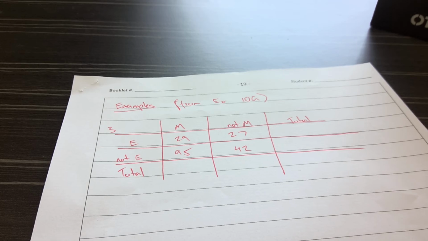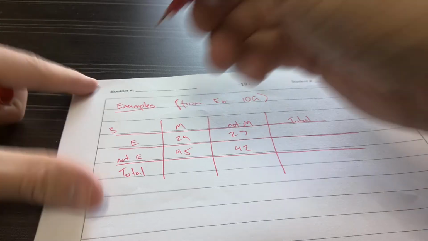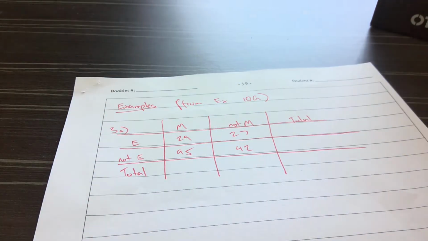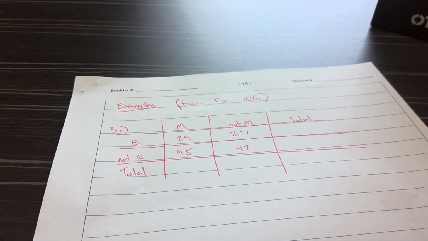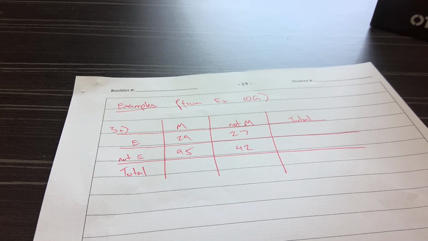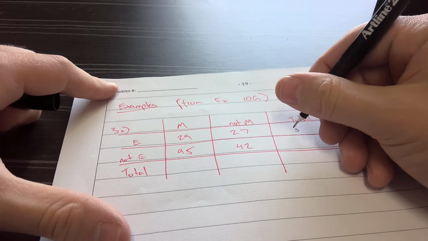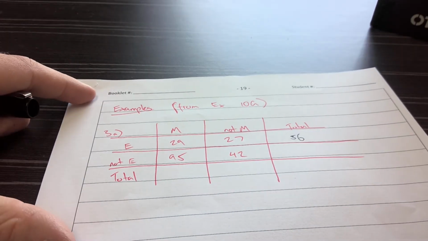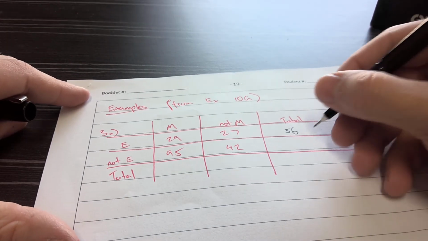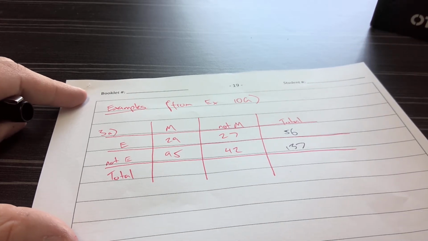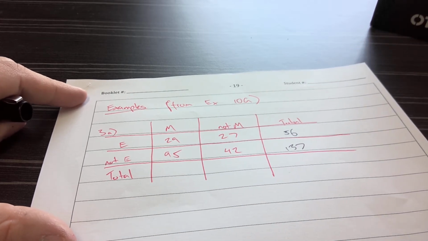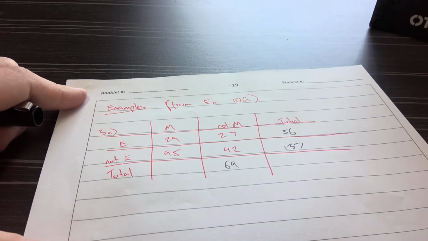So first of all, of course, what we want to do, like it says in question 3A, is complete the table by filling in the totals, and that's pretty easy. So here we'll just do 29 plus 27 is 56. 95 plus 42 is 137. 27 plus 42 equals 69.